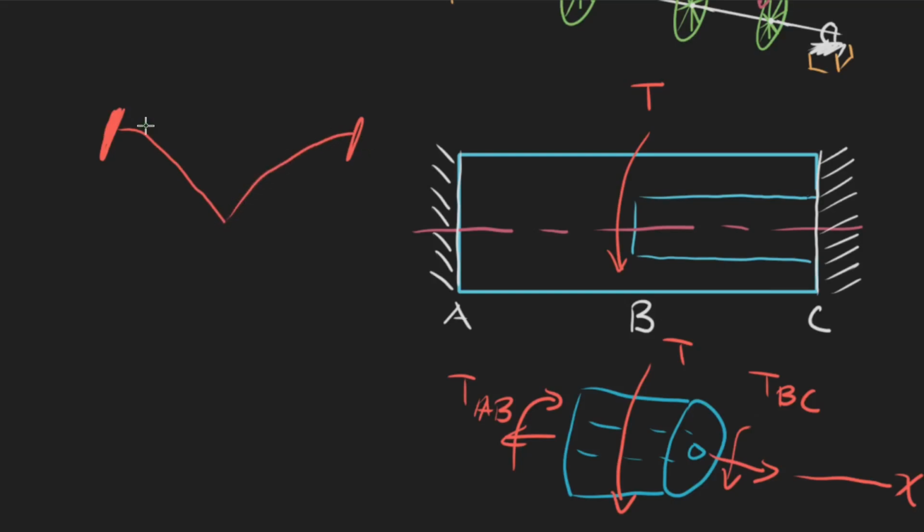So I can say that my angle of twist in section AB has to be equal and opposite to my angle of twist in section BC. So basically knowing what is fixed and what isn't allows you to create end conditions or equations like angles of twist that can help you solve problems involving torsional stress.